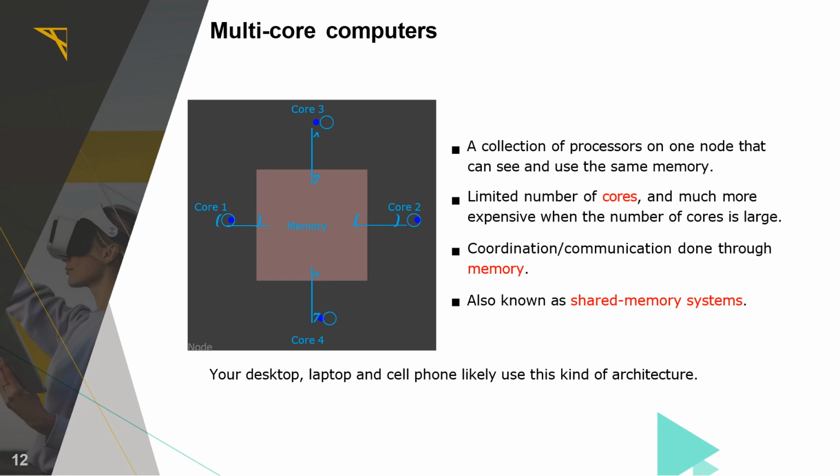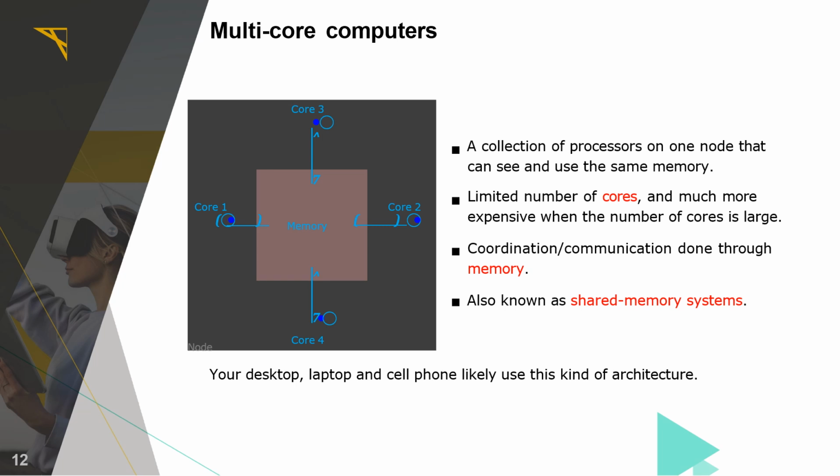A shared memory system in a multi-core computer refers to the architecture where multiple processor cores are within a single machine, and they have access to the same memory space. It's advantageous in that it allows them to read and write data efficiently, without needing explicit message passing like distributed systems.